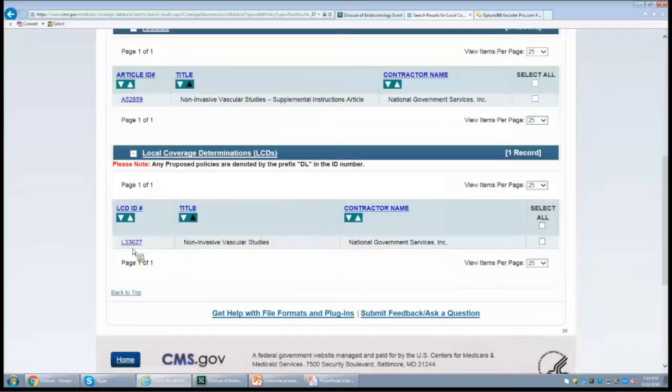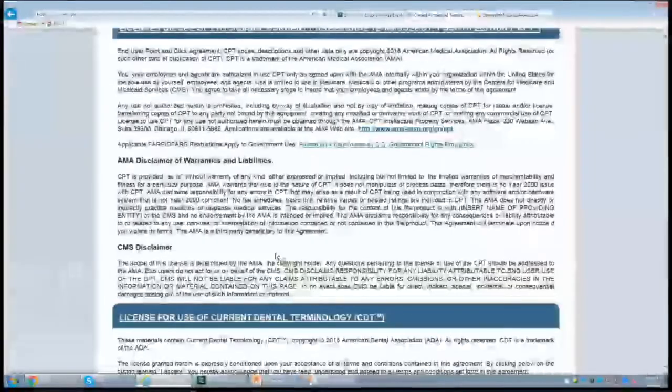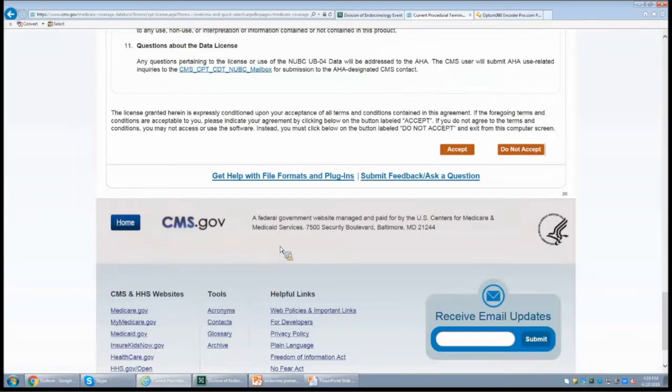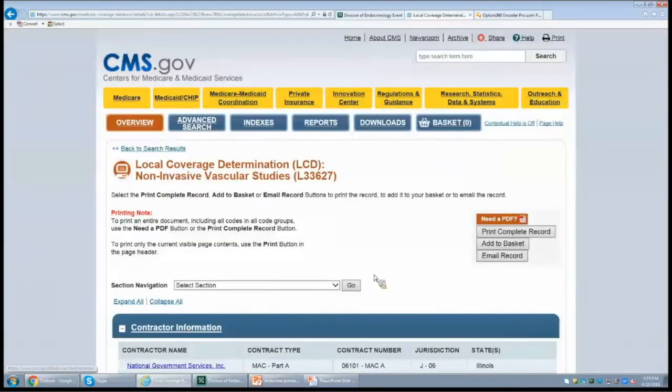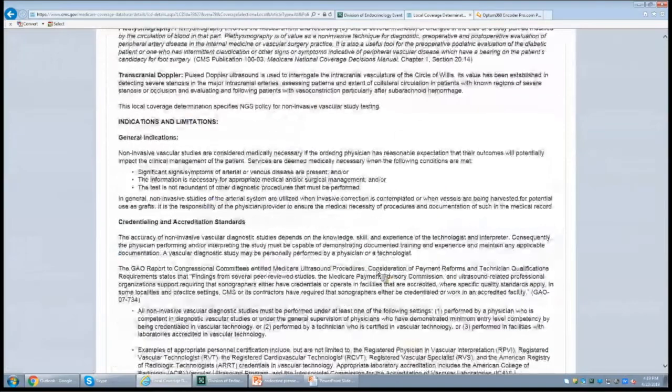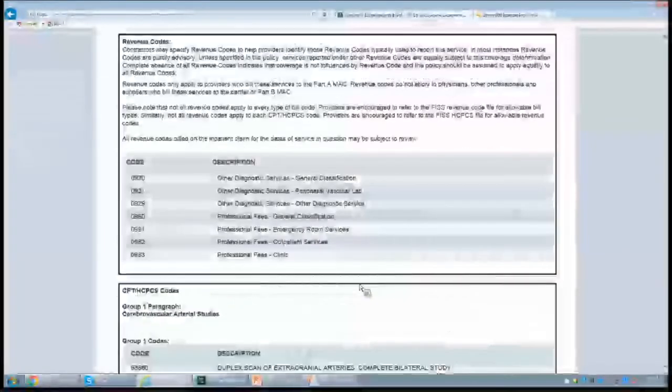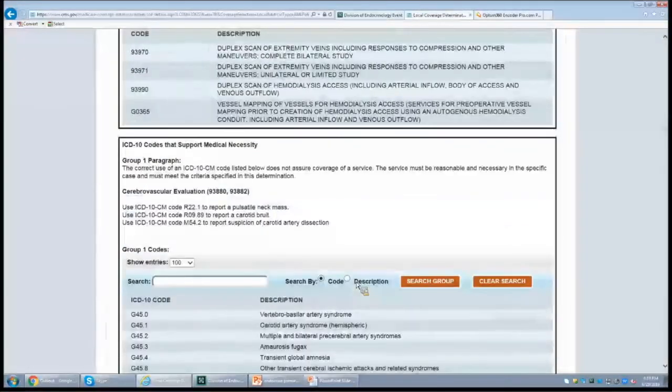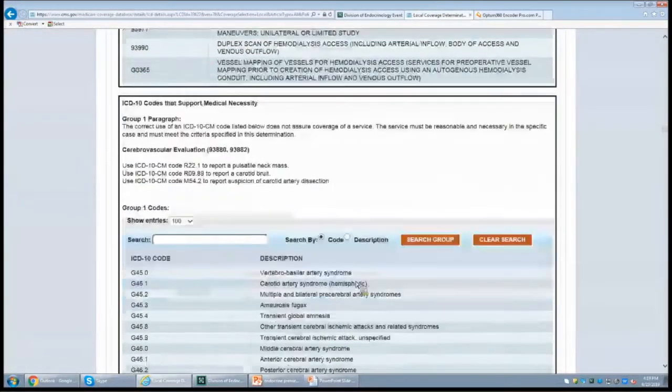So this is the LCD. And we're just going to look at what Medicare would deem covered indications for these. So here are the covered indications that Medicare has listed here.